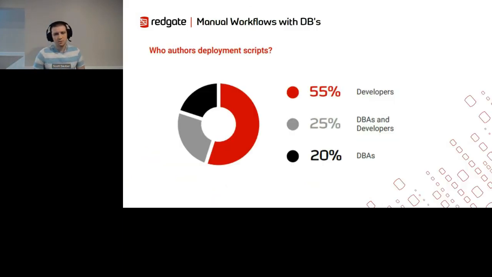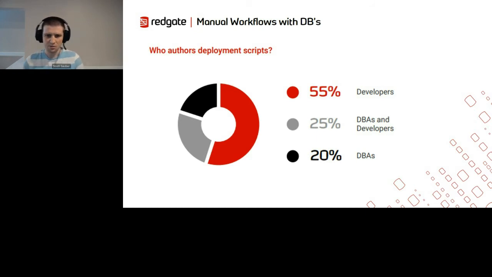So with that, let's get right into it. But let's first talk about what a manual workflow may look like today if you don't have any automation with your SQL Server. Redgate put out this State of SQL DevOps survey for 2020, and in it, they asked who authors deployment scripts.